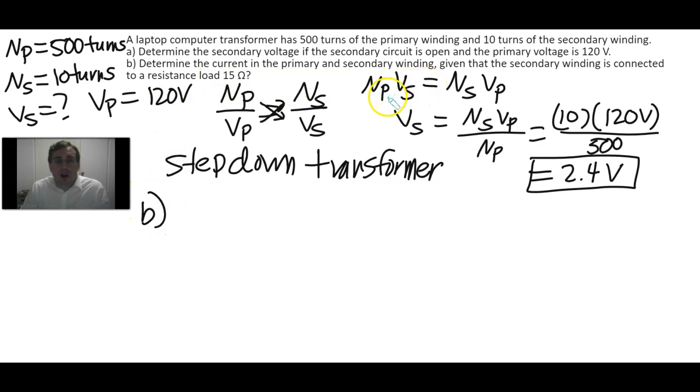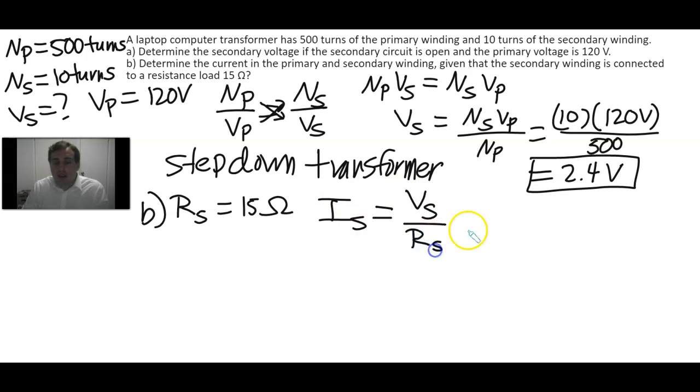Determine the current on the primary and the secondary winding given that the secondary winding is connected to a resistance load of 15 ohms. Well, I think we need to start solving on the secondary first. The resistance on the secondary is 15 ohms, and I think we can use Ohm's law because we have the voltage. So the current on the secondary should be voltage on the secondary divided by resistance on the secondary.